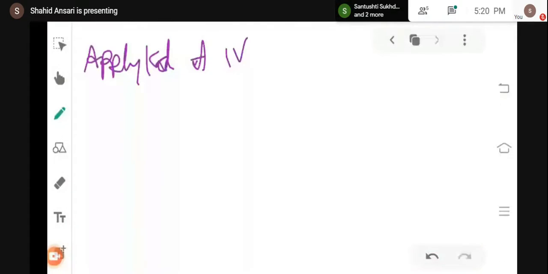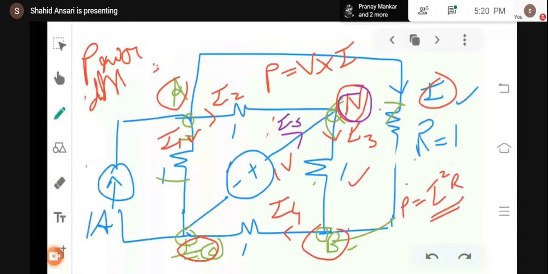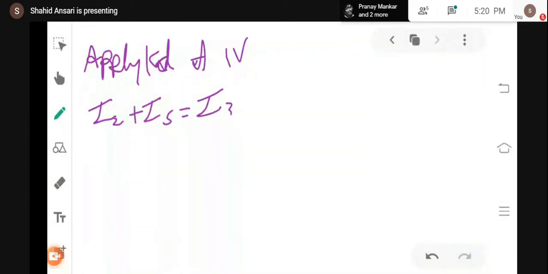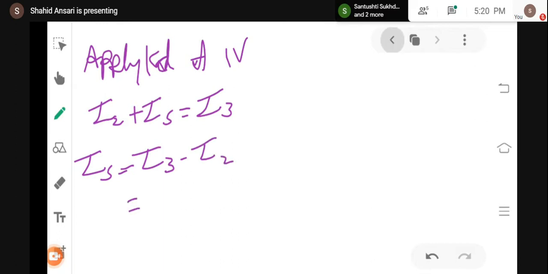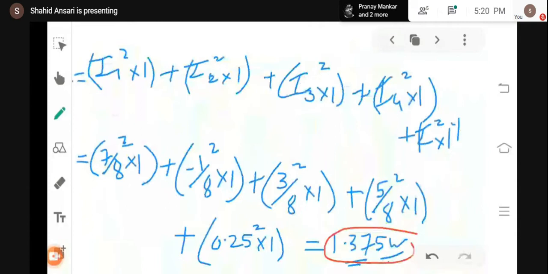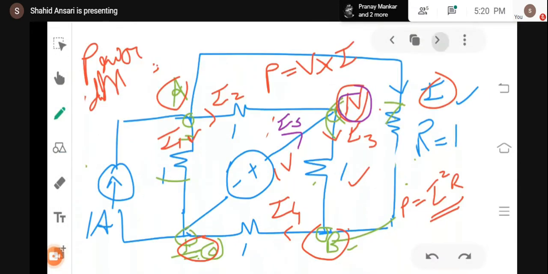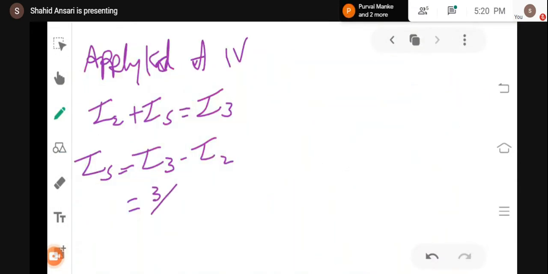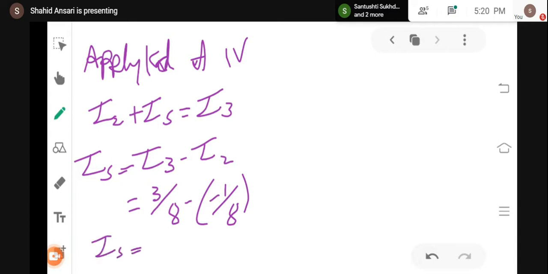So I2 plus IS is equal to I3. We need to calculate the value of IS, so it will be I3 minus I2. We have the values of I2 as well as I3. What was the value of I3? 3 by 8. And I2 was minus 1 by 8. So the value of IS will be 4 by 8.